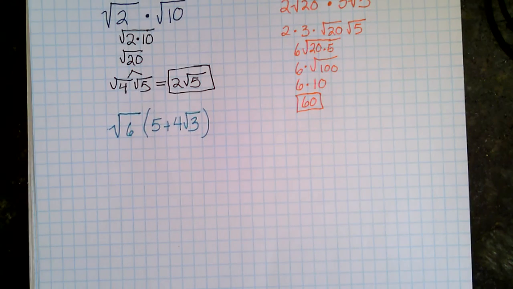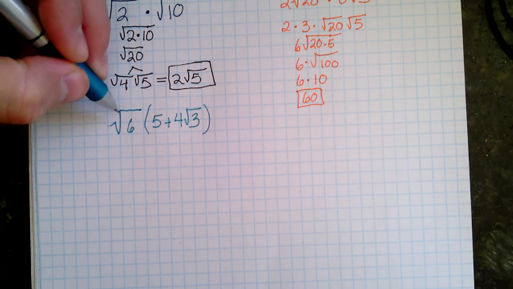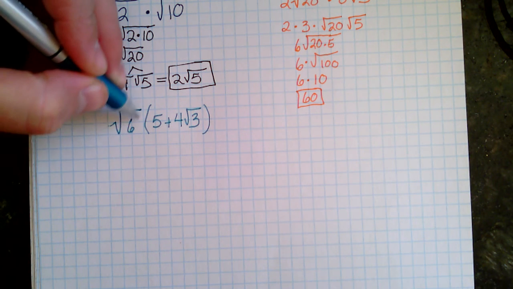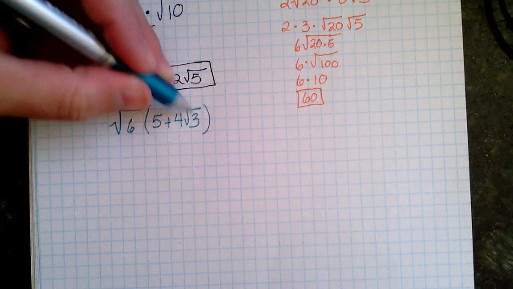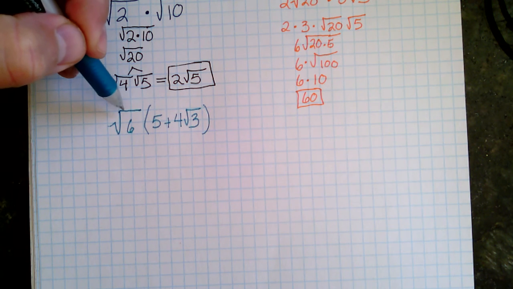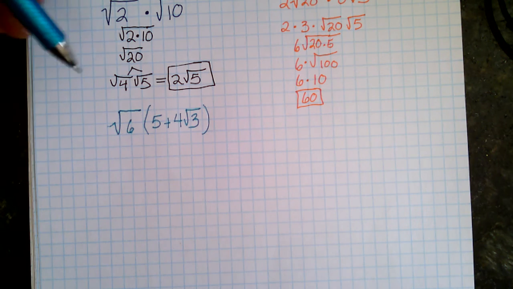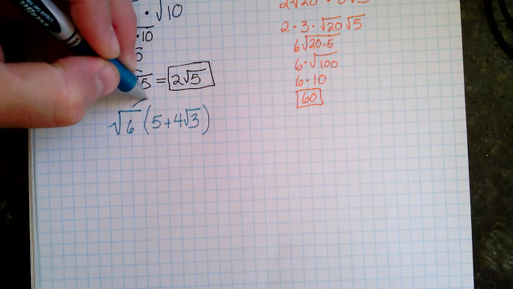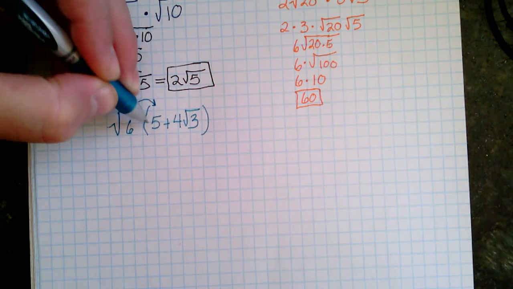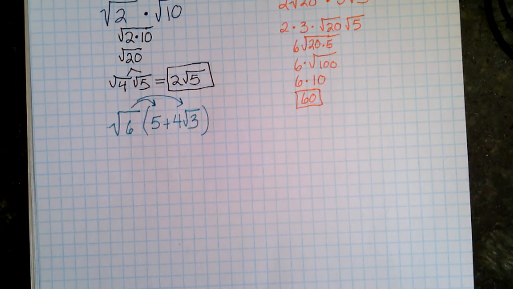Okay, the last problem, kind of an upper tier type of problem, is this single monomial times this binomial. And it's exactly the same process as you learned earlier in this term where you use the distributive property. So I'm going to multiply the root 6 times the 5 and the root 6 times the 4 root 3.